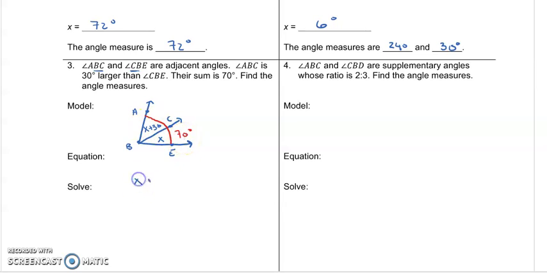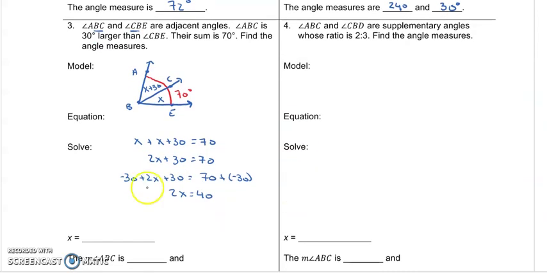So there's one angle. Here's my second angle. And it's going to give me 70. Combining my like terms, 2x plus 30 equals 70. I'm going to add the opposite to both sides, or you could subtract. And we get 2x equals 40. And then we'll multiply each side by the reciprocal. So we get x equals 20.